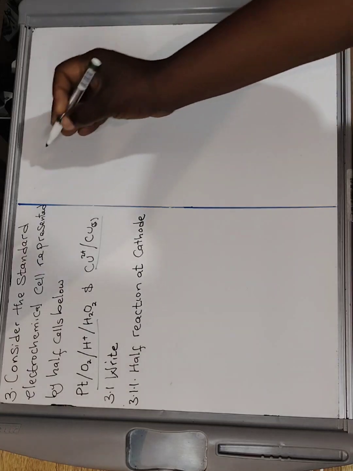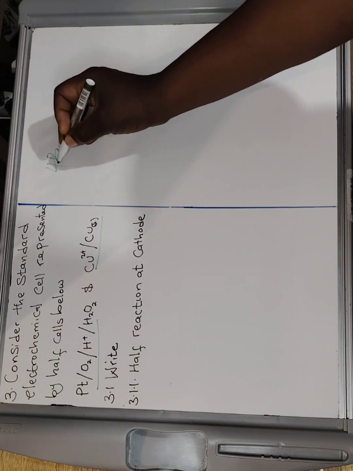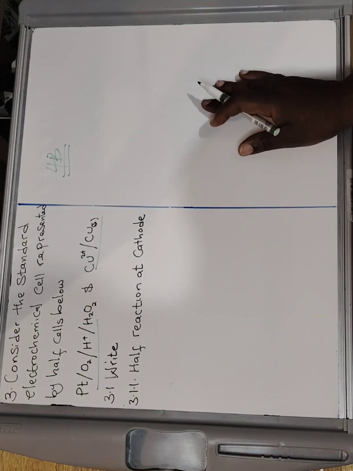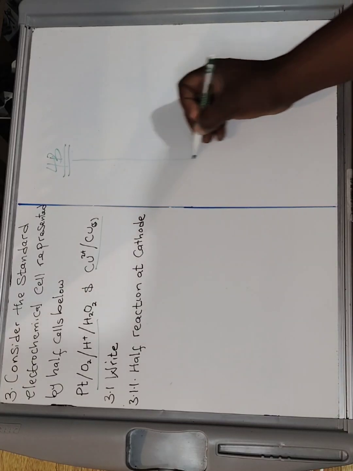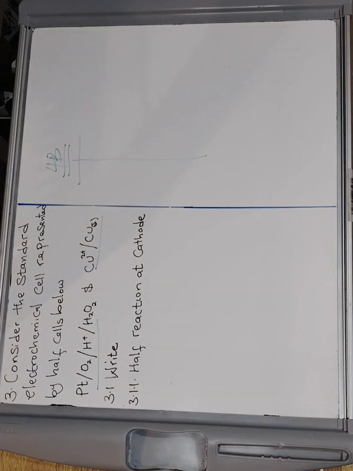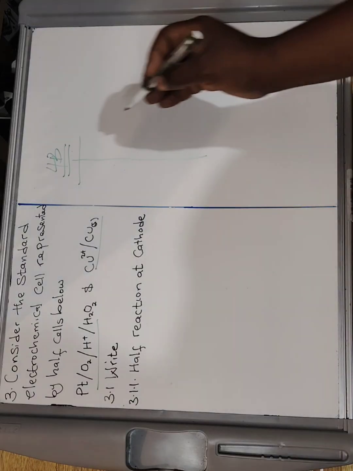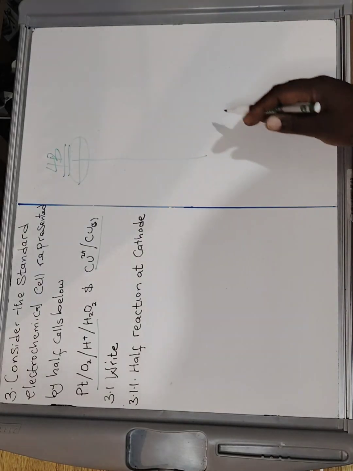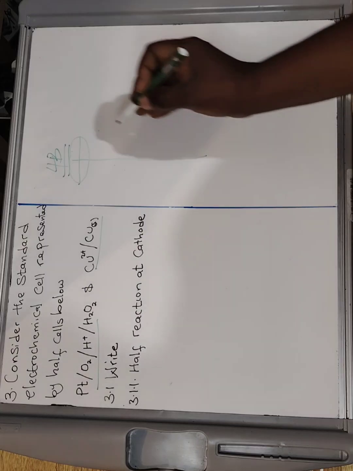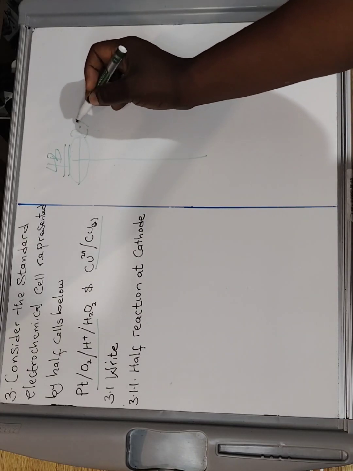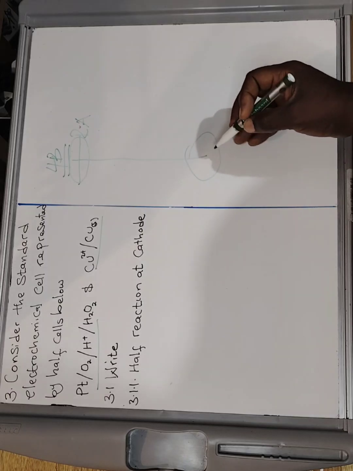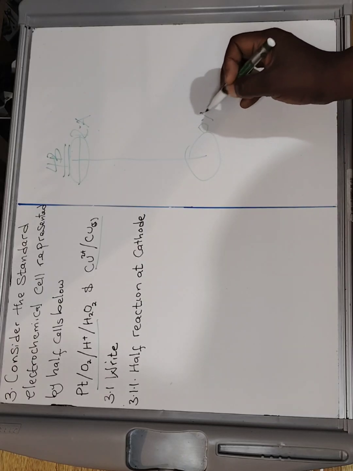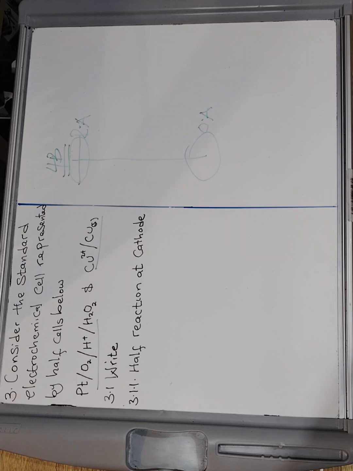I find table 4B convenient because table 4B happens to have strong reducing agent at the top and strong oxidizing agent at the bottom.